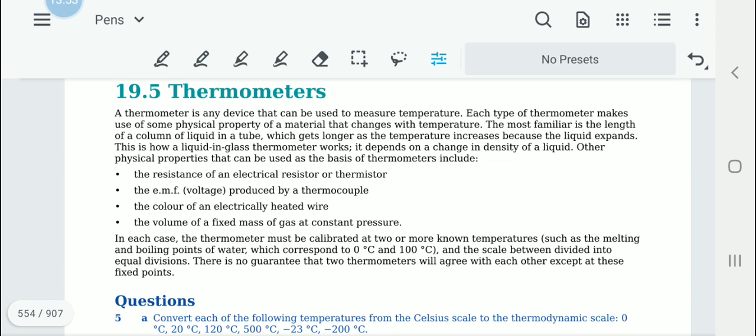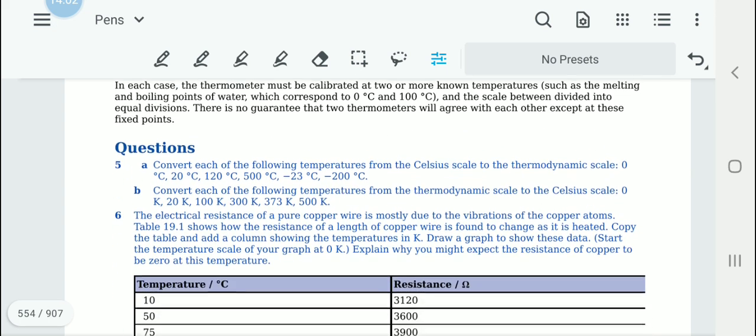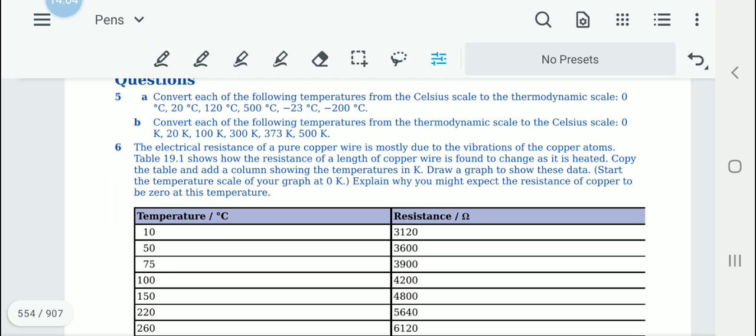Leave a line, put a star and write down: if the change in characteristic is not linear, the scales need to be calibrated.